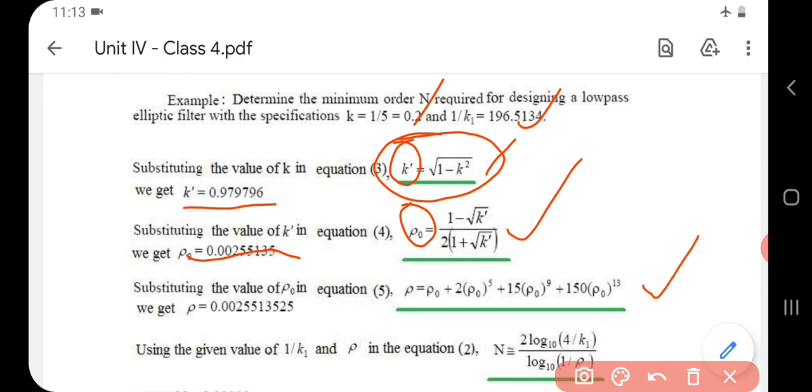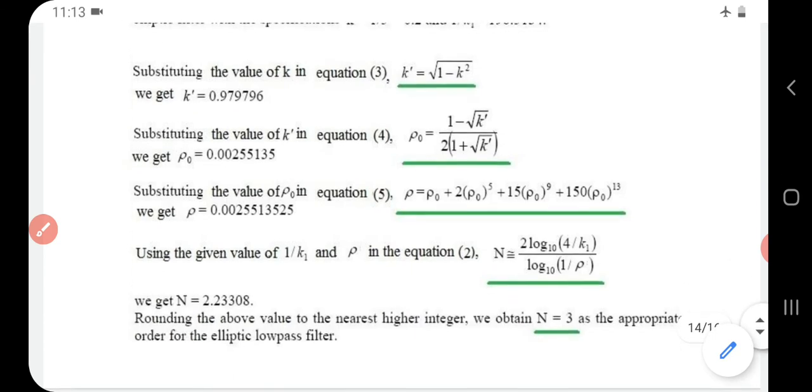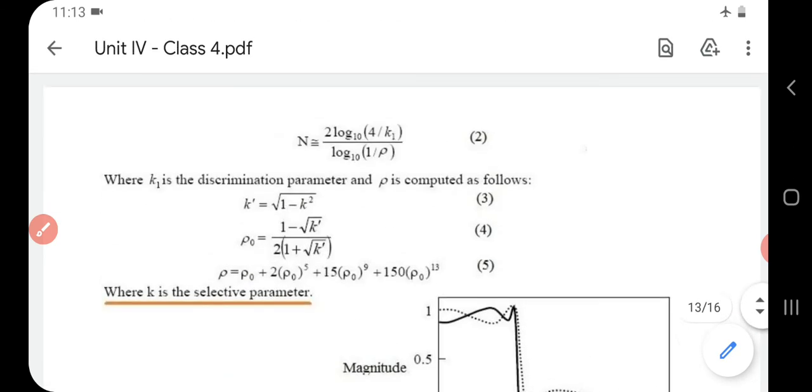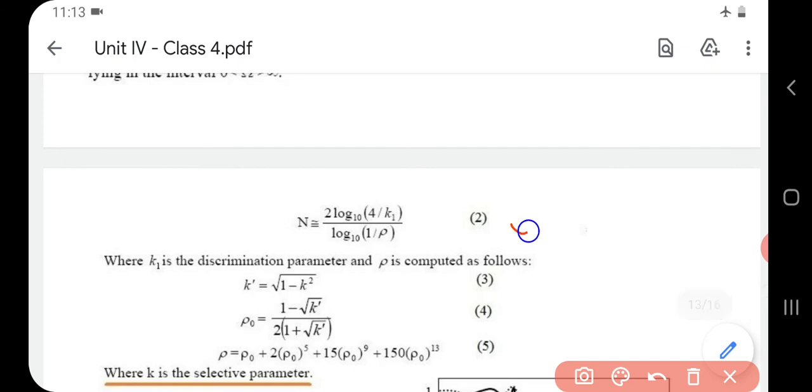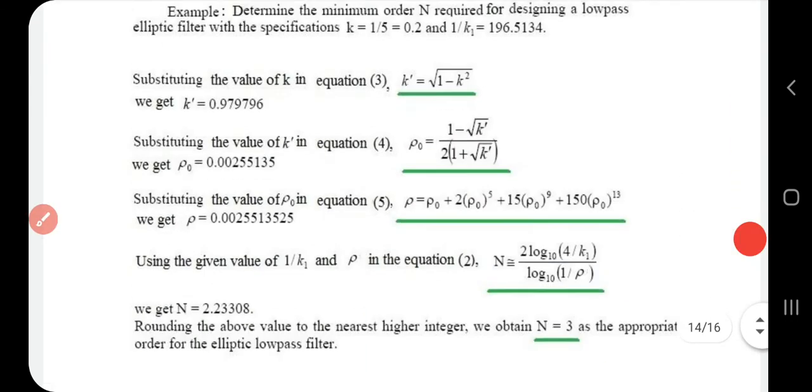All these expressions are numbered as above. Then you will get the value of rho. Now you have got everything, so finally use the value of 1 by K1 and rho in the final expression for the order of the filter, which is already given in equation 2. This is how you get the order of the filter if you are given some specifications.